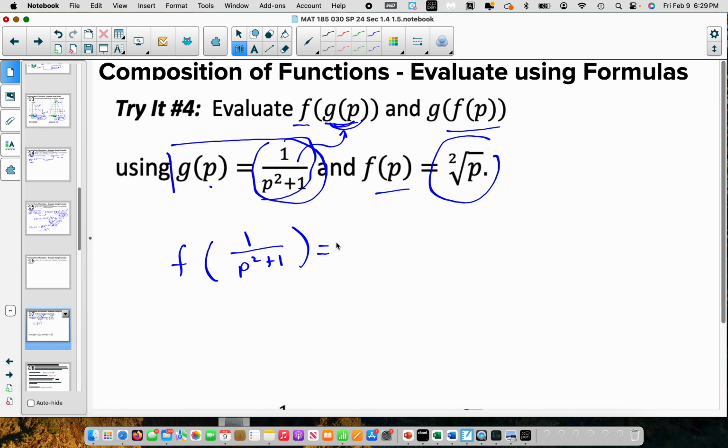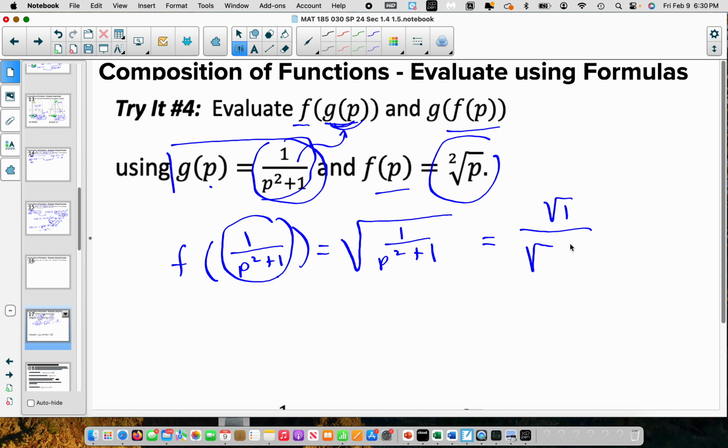So that becomes the square root of 1 over p squared plus 1. I'm just taking everywhere I see a p and putting in 1 over p squared plus 1. I could simplify this a little to be the square root of 1 over the square root of p squared plus 1. Okay, if I take the square root of 1, that's just 1 divided by the square root of p squared plus 1.